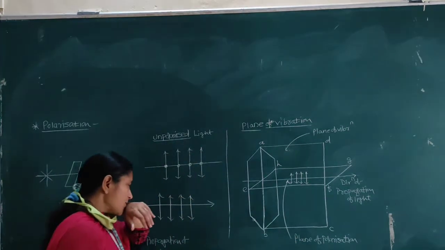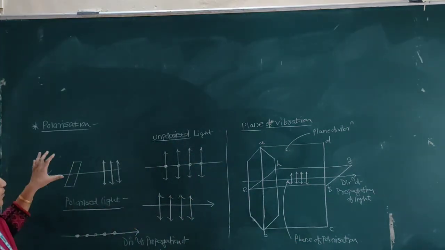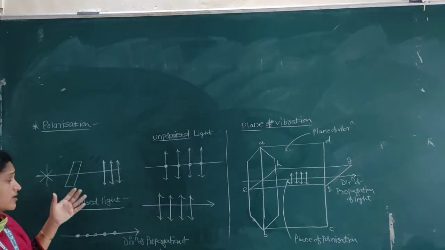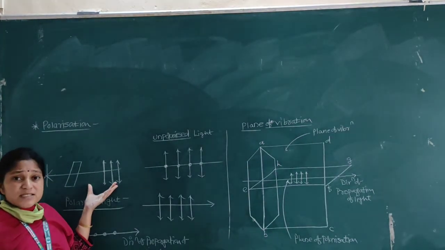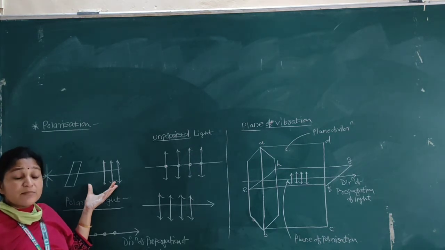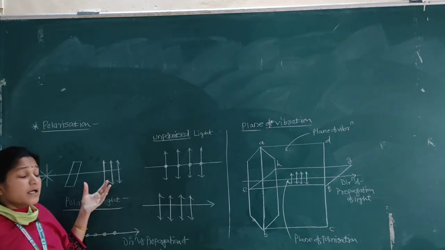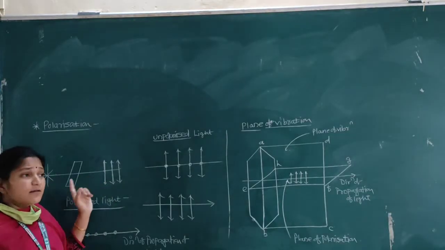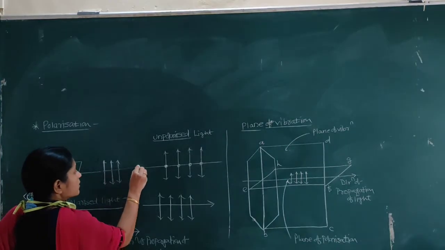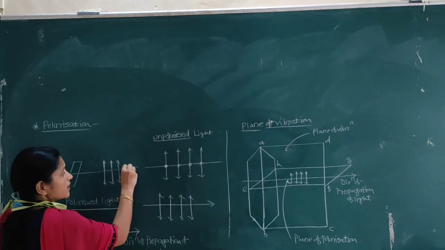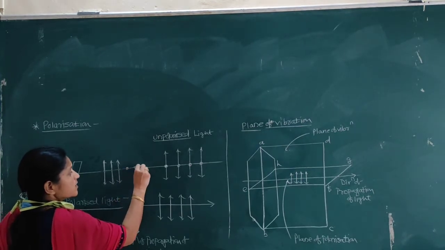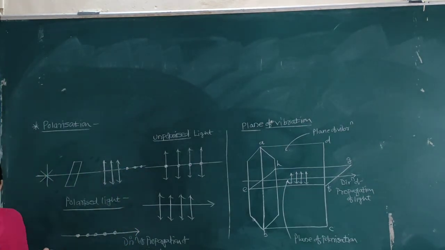Understood? One more time I will explain. Polarization is a process in which vibrations of the particles of the medium are restricted in only one direction, either like this or like this. Then it is said to be polarization of light.